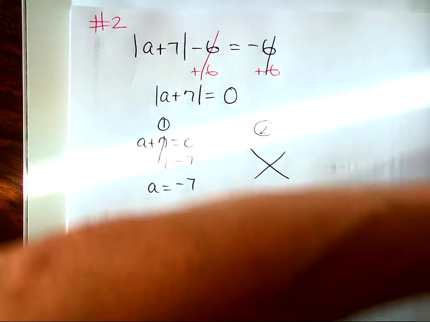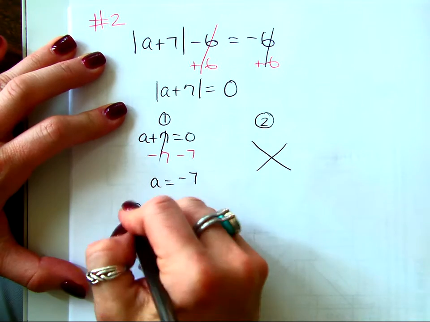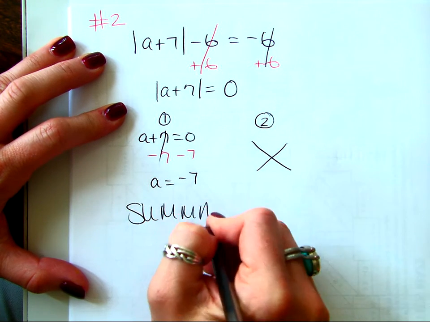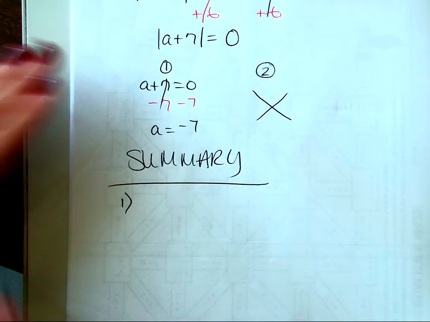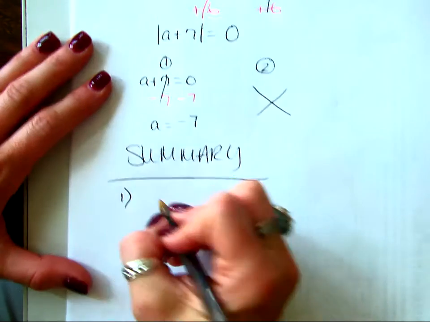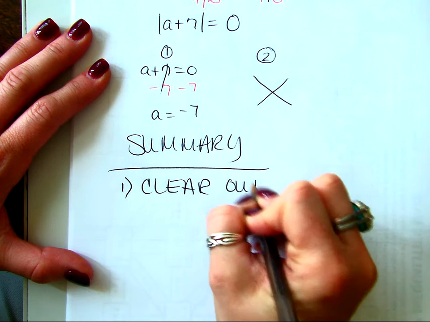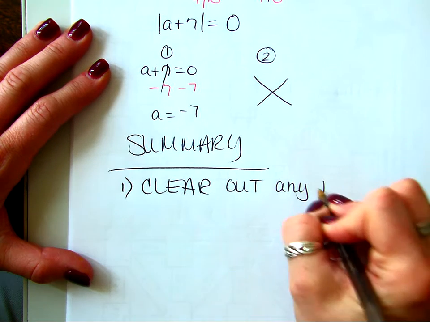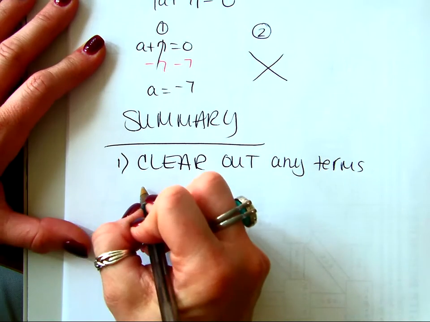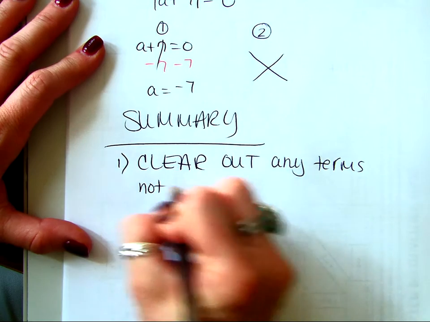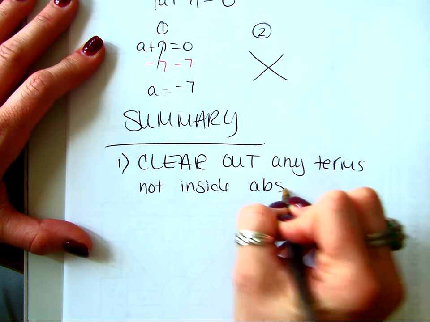Okay? So, let's do a summary. A quick little summary. And then we're done. So the summary will say this. Step 1. Clear everything out. So clear out any terms that are not inside the absolute value symbol.